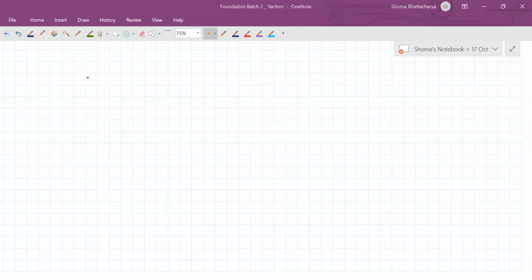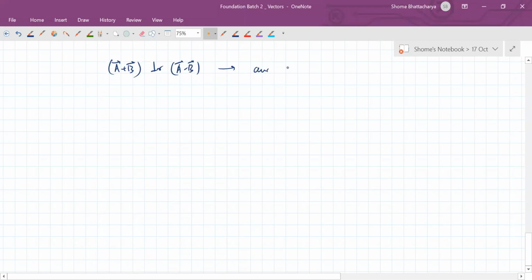Okay. So anyway, what we had got here was that A plus B was perpendicular to A minus B. That was one thing, and also alpha was 60 degrees and magnitude of A was 20. So one way is that you use the formulae.